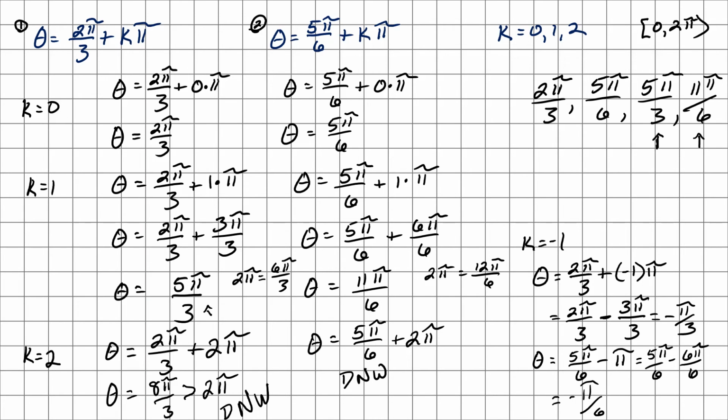So what I want to do is put these in numerical sequence from least to greatest. As it turns out, they are already in numerical sequence, and since this is going to be a set of values, I will need to enclose them within a set of braces. So that's my solution set.